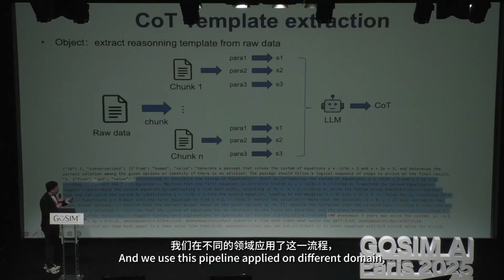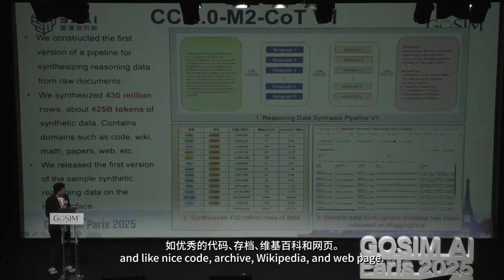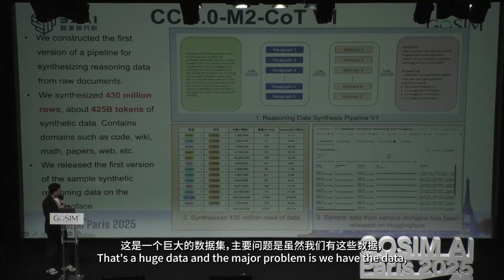We apply this pipeline on different domains, like math, code, arXiv, Wikipedia, and web pages. So finally, we collected about 415 million COT synthetic samples.